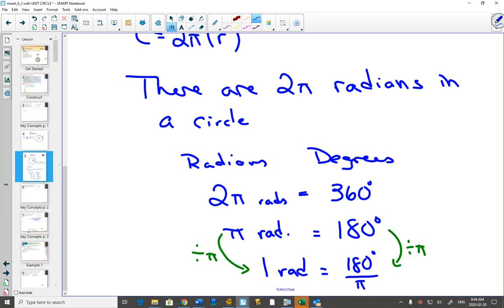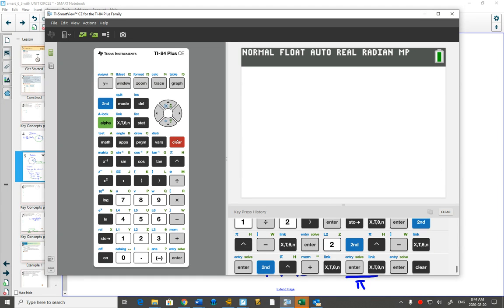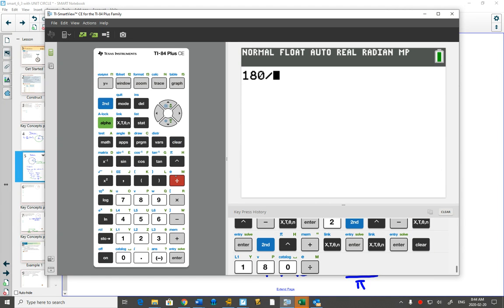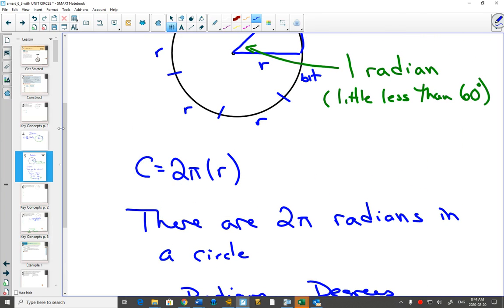So we had said it was a little bit less than 60. Now we can go to our calculator. 57.3. So when we squished that triangle down, it actually changed that angle to be 57.3 degrees.